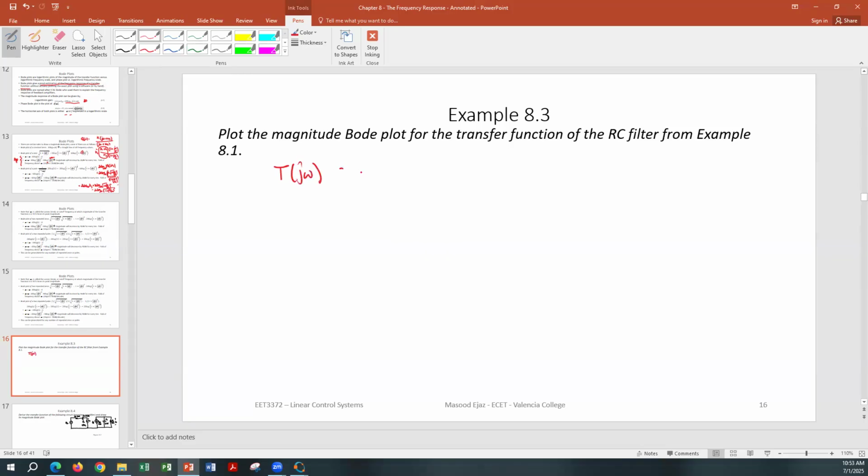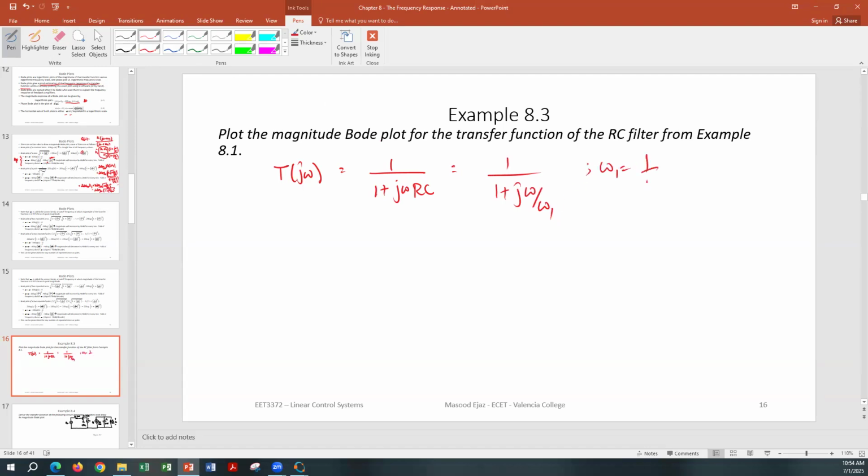T of j omega was 1 over 1 plus j omega RC, or 1 over 1 plus j omega over omega 1, or omega c, whatever you want to call it.